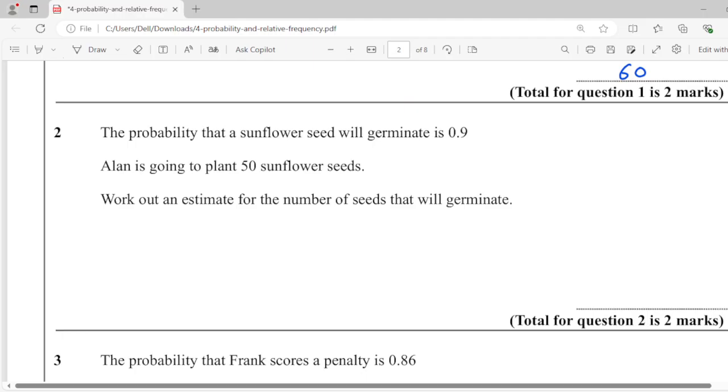Work out an estimate for the number of seeds that will germinate. 0.9 is 90%. 90% of 50 is 45. So out of those 50 sunflower seeds, 45 seeds will germinate.